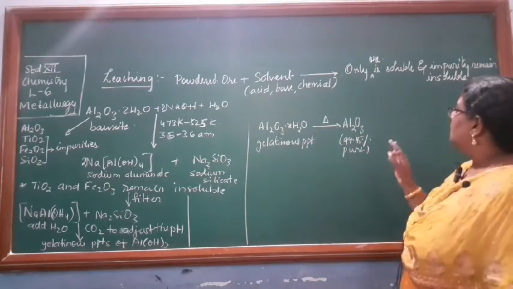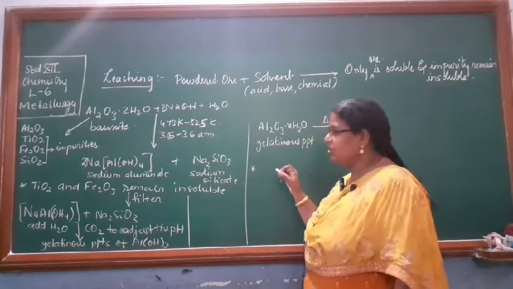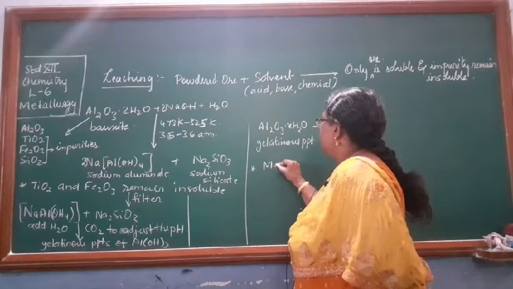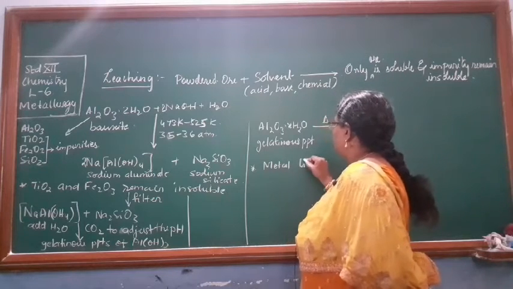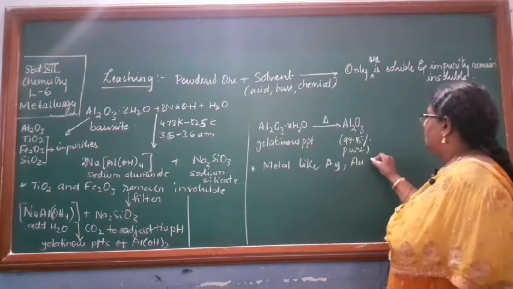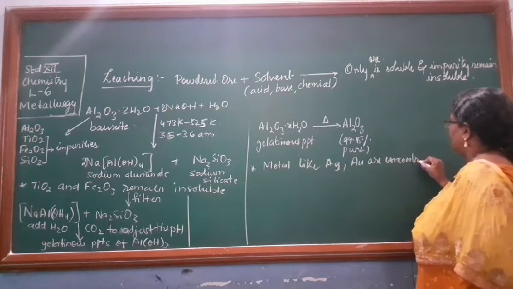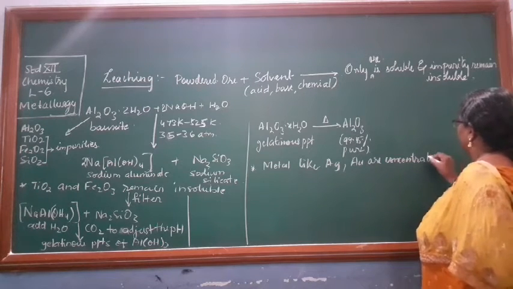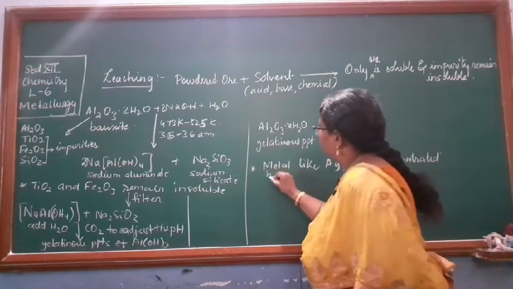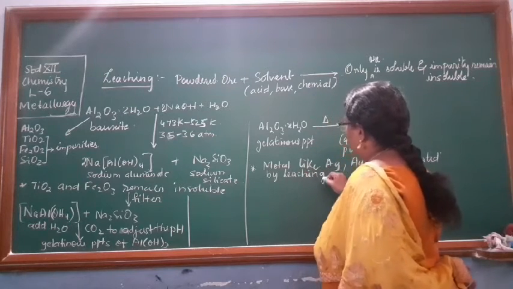The other metals which are concentrated by leaching process are metals like Ag and Au.